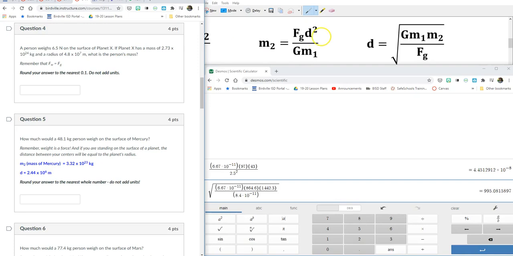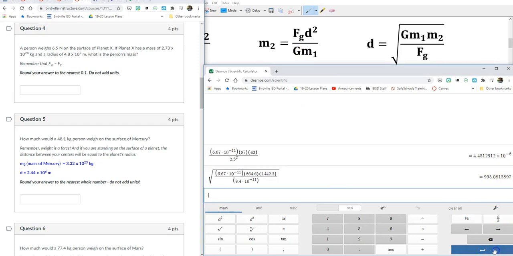I'm going to go to my mass equation. And in your journal, it probably says M1 is equal to all of this. This one says M2 is equal to all of this, but guess what? It doesn't matter because you're going to call one of them 1 and one of them 2, and either way, your equation is the same to find a mass.